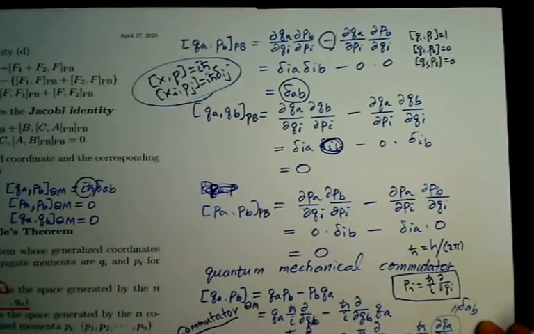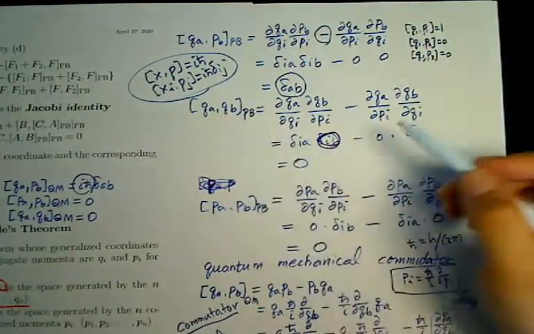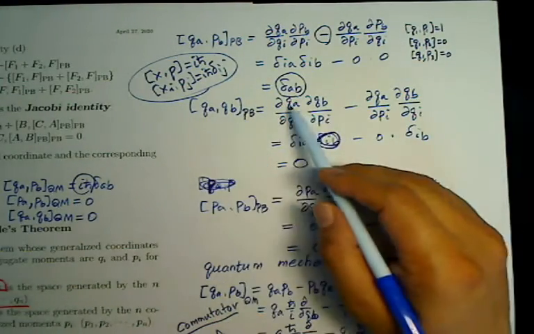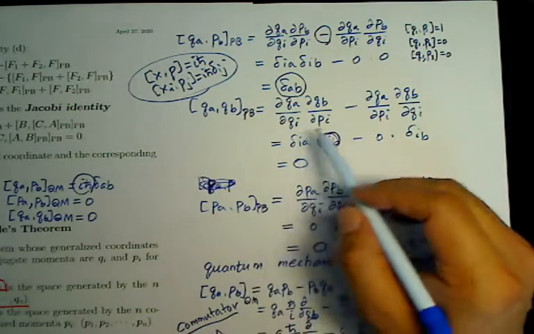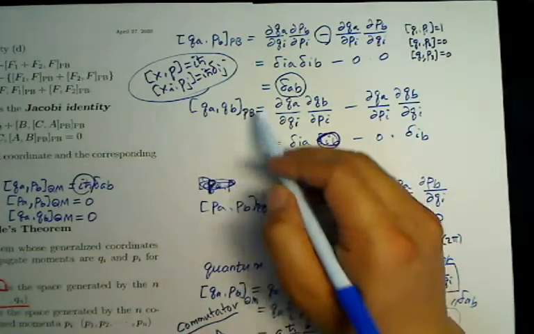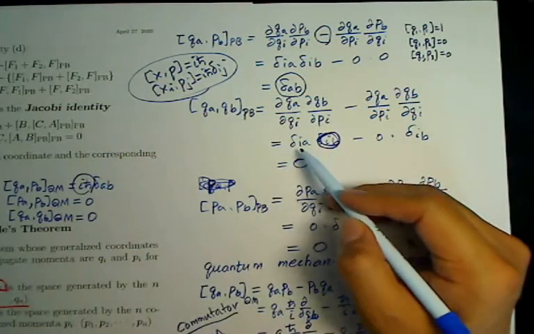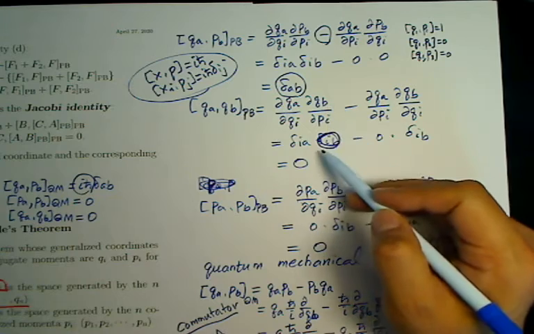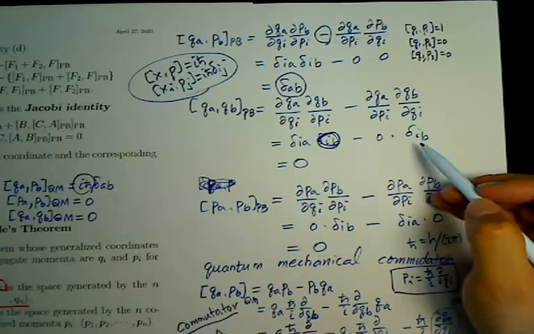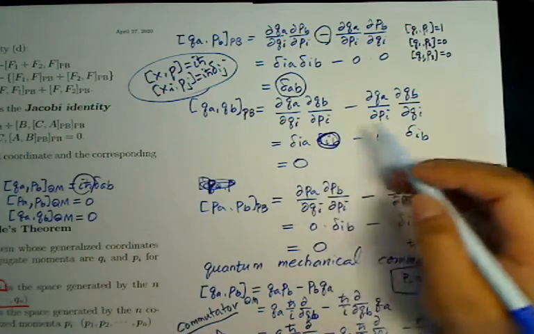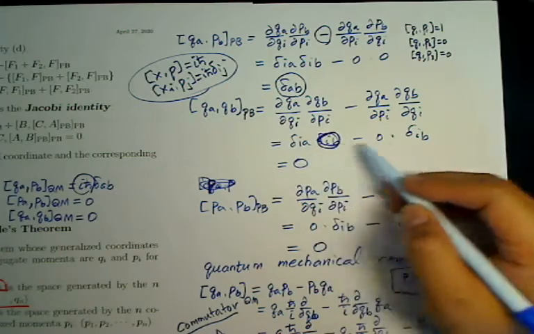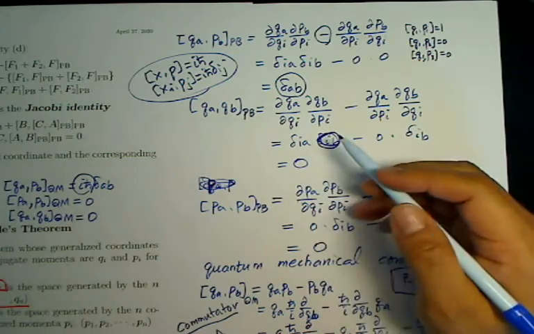Next, the Poisson bracket of coordinates, Q_A and Q_B. The derivative will be made as Q and P minus P and Q. That is the Poisson bracket. The coordinate gives a Kronecker delta, but the coordinate-momentum terms vanish. However, all of the non-vanishing terms are multiplied by 0, so this is completely vanishing.